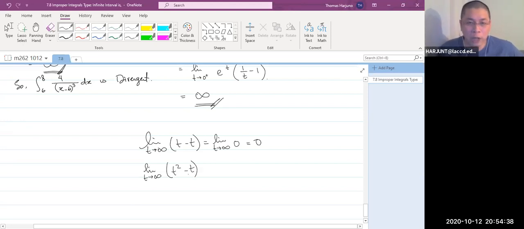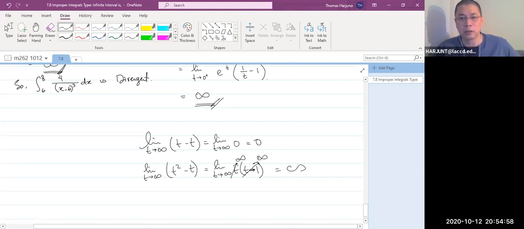You can use end behavior you learned from pre-calculus, but another way to look at this is to factor out the t, so this is t times (t minus 1). Then you will see this factor goes to infinity, and this one goes to infinity also. So infinity times infinity is infinity.